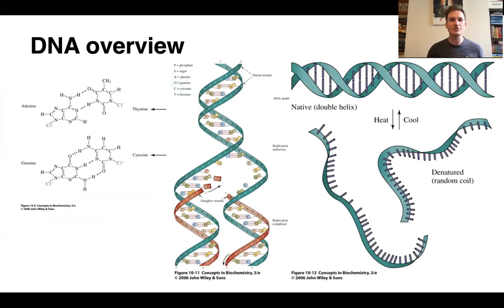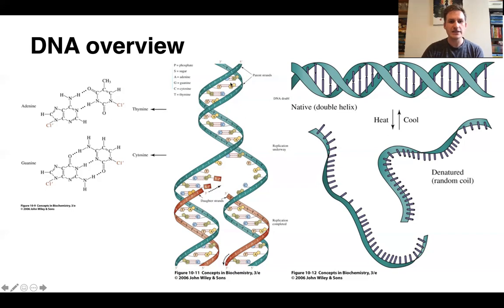So I just wanted to bring everyone to the same starting point about what DNA is. DNA is a biological macromolecule that forms a double helical structure that everyone, I'm sure, is well aware of.